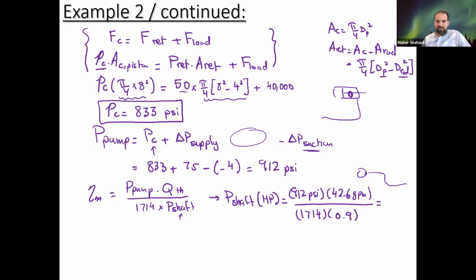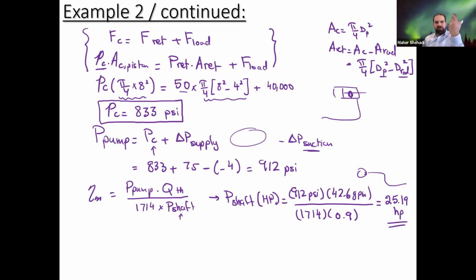So I got 25.18. Let me just double check. Yep, 25.19 or 18. I just put it as 25.2.